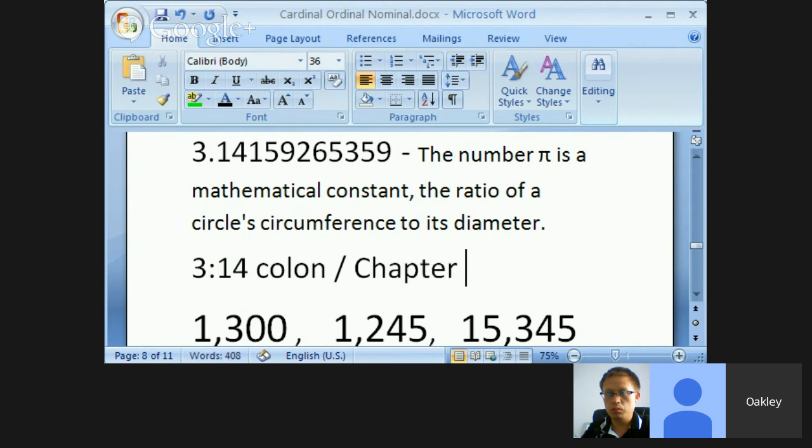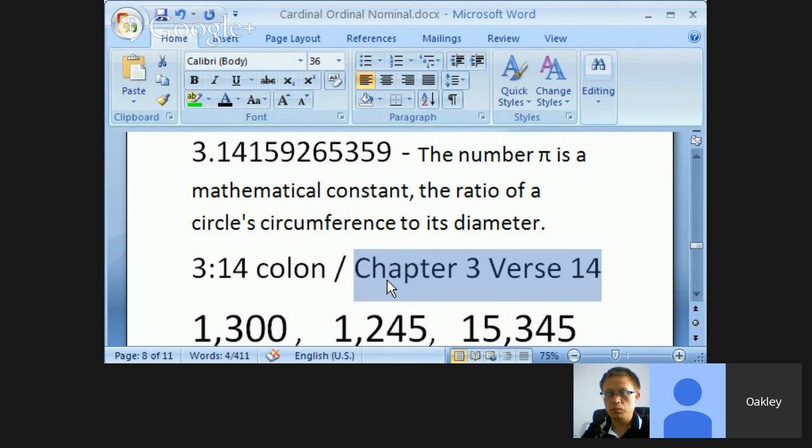It could be chapter 3, verse 14. We can use the colon to separate numbers to show chapter and verse, such as in the Bible. We can use this to delineate sections of a writing, like a book.